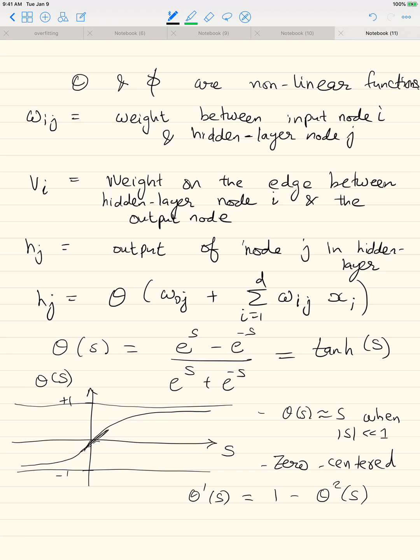This is not the only function. There are other functions such as the ReLU function, theta of s is the max of 0 and s. So this is again a nonlinear function where the input is just set to 0 if the argument is negative, and it is taken to equal the input if it is positive.